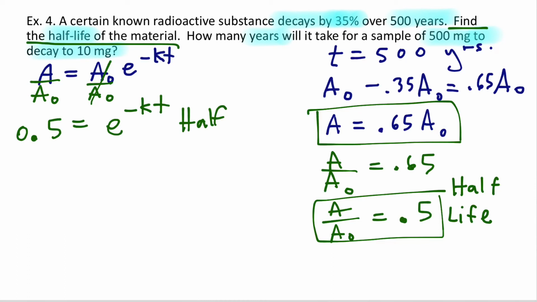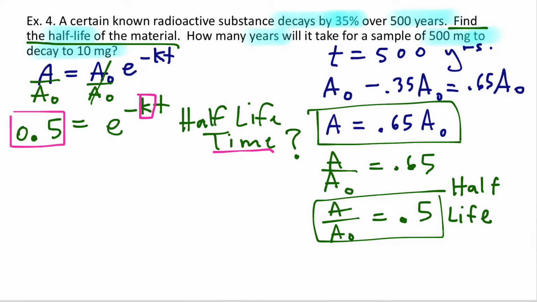And the meaning of half-life is a time. What is the time it takes for your radioactive substance to decay to half of its weight? Now we know K because we just figured it out, so I can put K in there. Then the only thing that I won't know is my time, and that's defined as your half-life if you've got a 0.5 over here: the time that it takes to decay to half of your original weight.